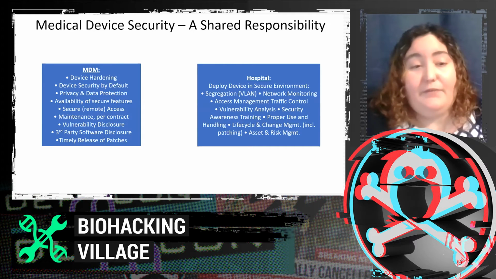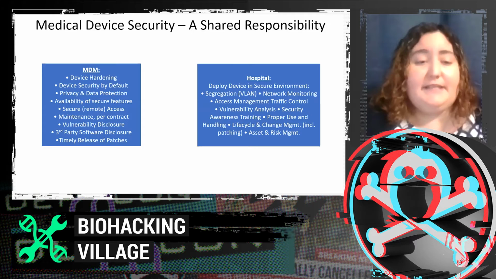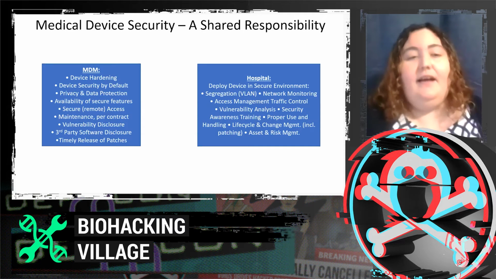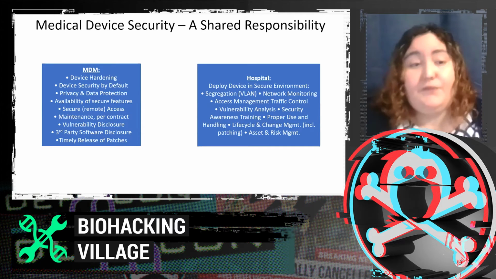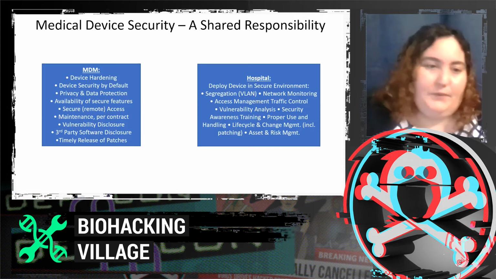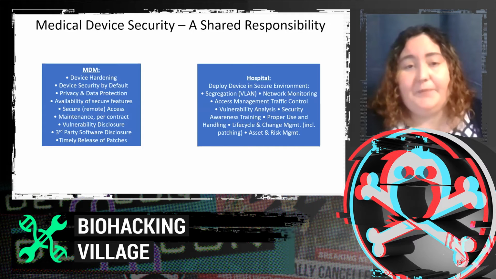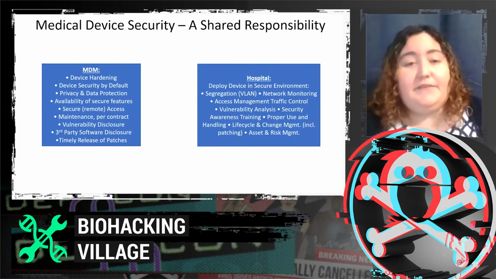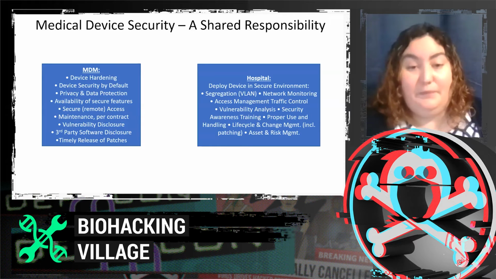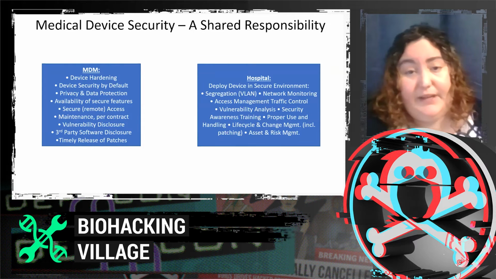They need to have robust security features. Device needs to be hardened and tested. We need to disclose vulnerabilities. We need to tell you what the third-party software is in the device, and we need to provide patches in a timely manner. Hospitals need to deploy devices in a secure environment, which includes segregation.